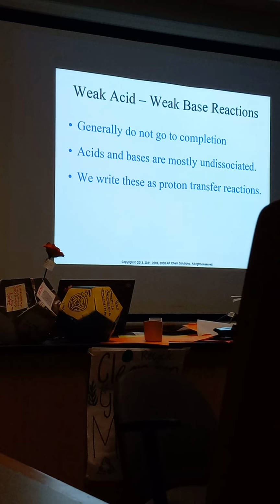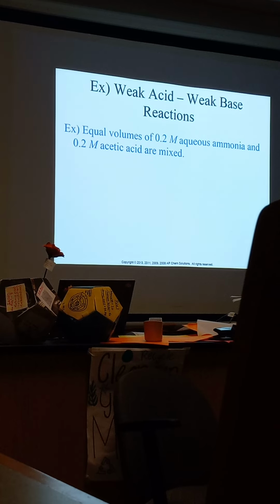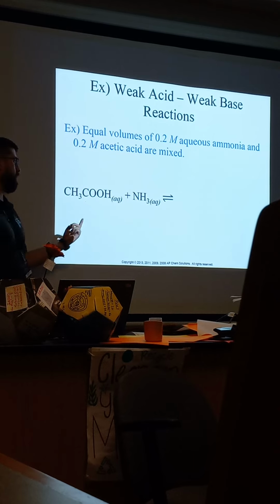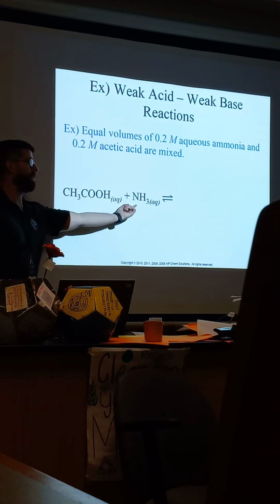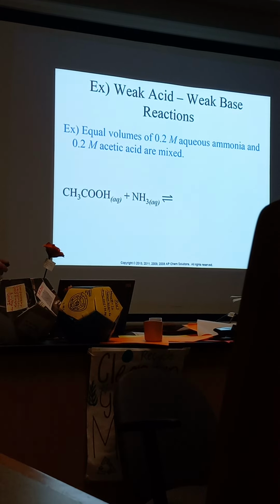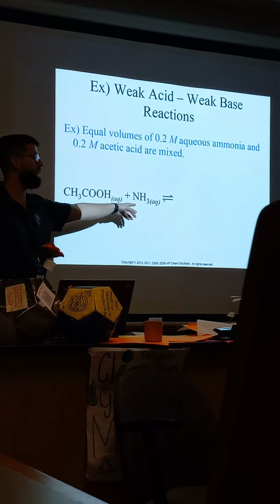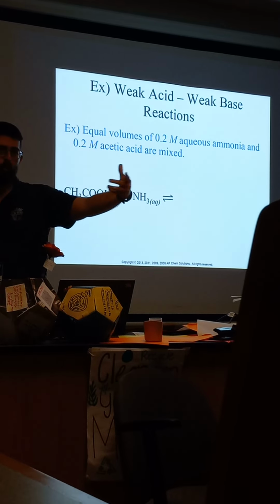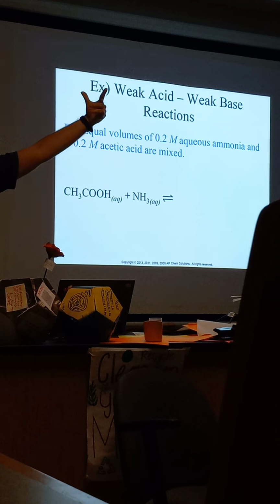So let's explore what happens when equal volumes of 0.2 molarity aqueous ammonia and 0.2 molarity acetic acid are mixed. So here we go, guys. What's coming off here and going in here? H plus, right? And what's that going to turn NH3 into? NH4 plus.